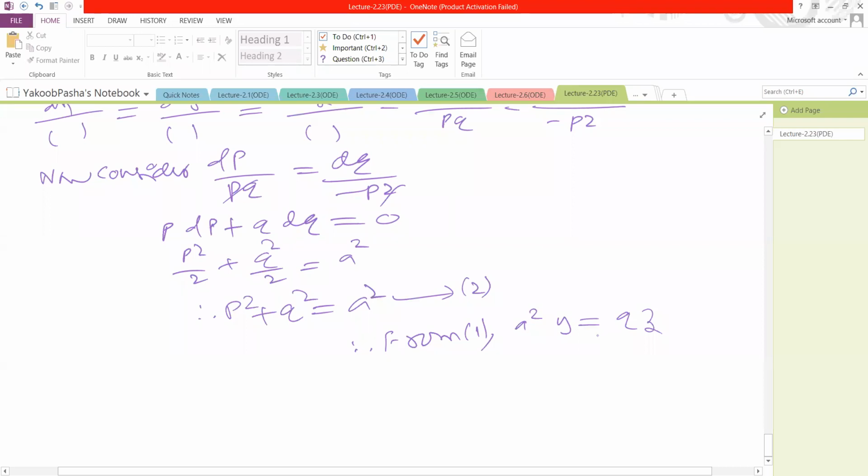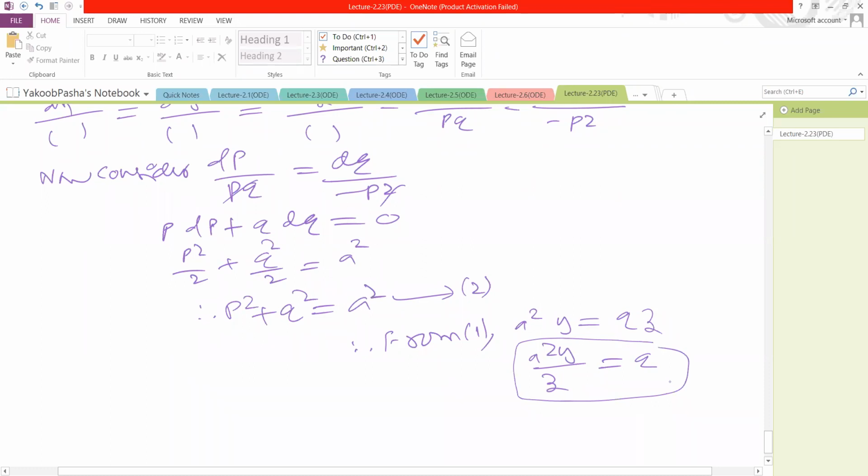So we can write a square y by z is equal to q. So q value is this.